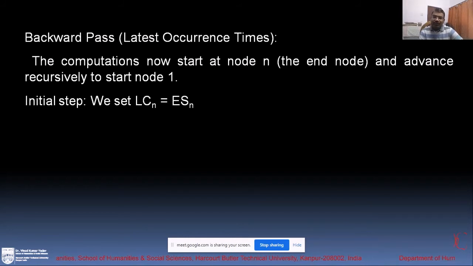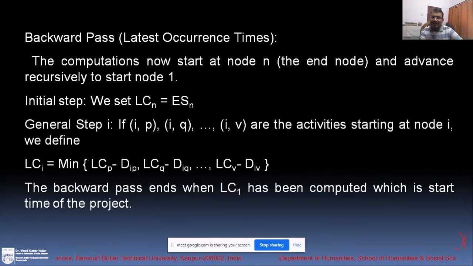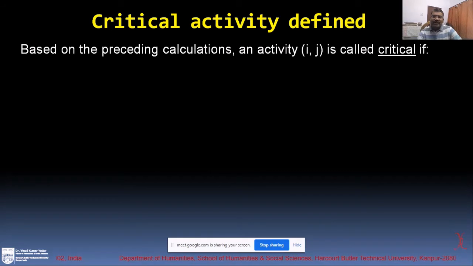So 56 minutes is considered as the initial data for the backward pass, and then from 56 you subtract the preceding activity duration. The general step is that you keep on subtracting: 56 minutes minus that activity duration will give you the penultimate node's latest finish time.